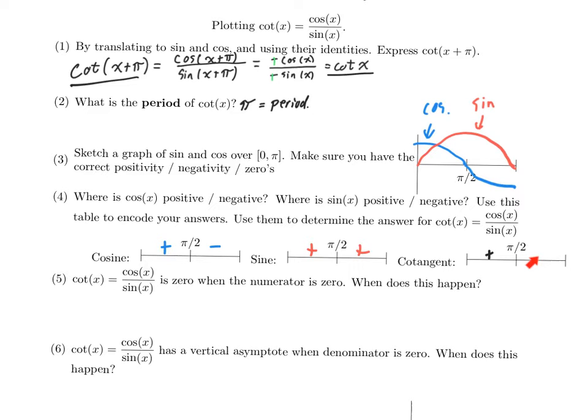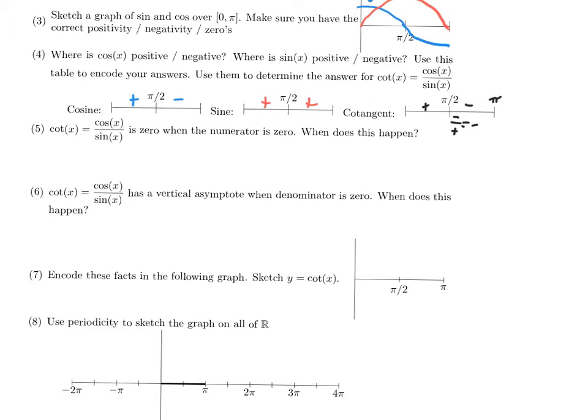Between pi over 2 and pi, cotangent will be a negative divided by a positive, which will be negative. So coding that down here, cotangent goes from positive to negative.